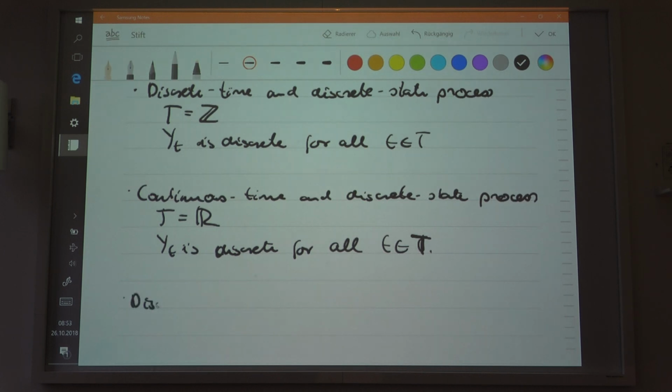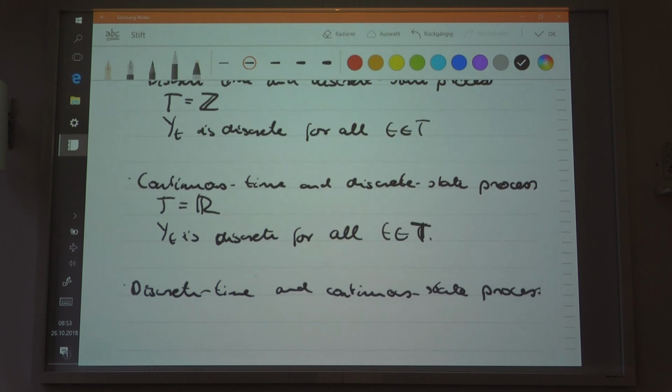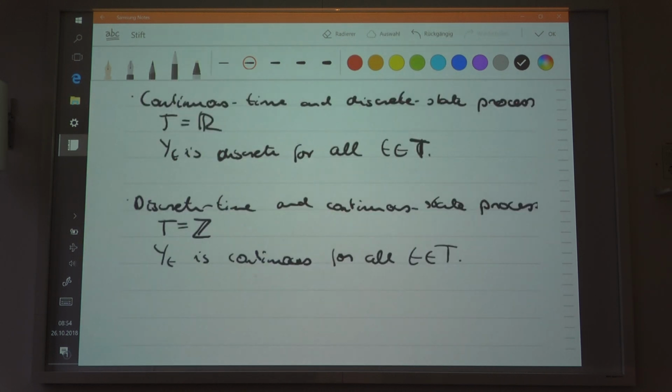Here t is equal to the set of all integers and Y_t is continuous for all t, so for all points of time. No matter what time you take, you have a continuous random variable.